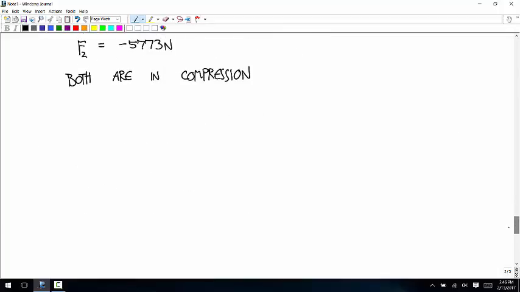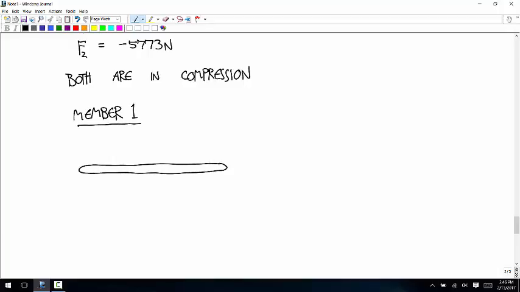And so the stress for, well, let me not skip so many steps. So member 1, let's think about that one. Since we had a negative value, that means it's loaded like this.